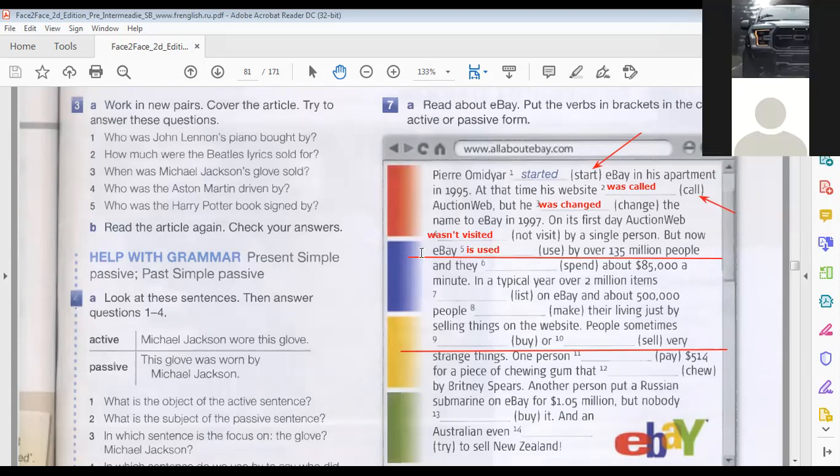Now let's see. Selma, would you like to continue? Number 6 here. What did you answer for number 6?